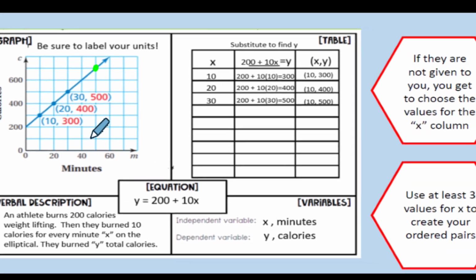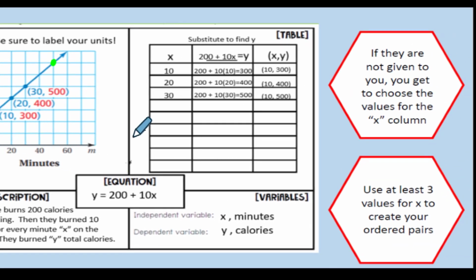All right, the next thing I want to talk about is if you are not given an x value, you get to choose your x values. In this situation, the example was provided for you: there was 10, 20, 30. However, if there is nothing in the column, you get to choose your x values. My suggestion to you is make your life easy.